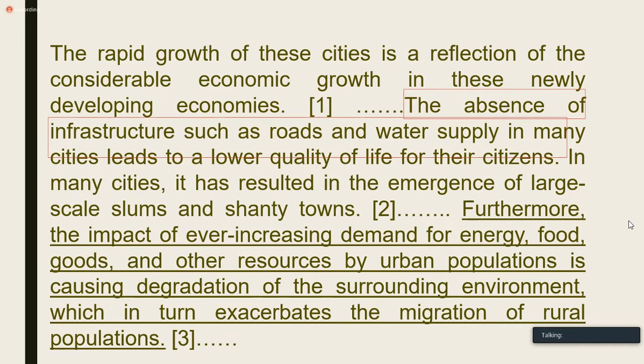Does the sentence give something good about urbanization, or does it give something bad about urbanization? Read the sentence and tell me.